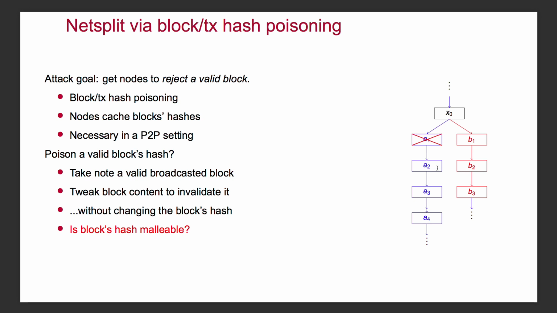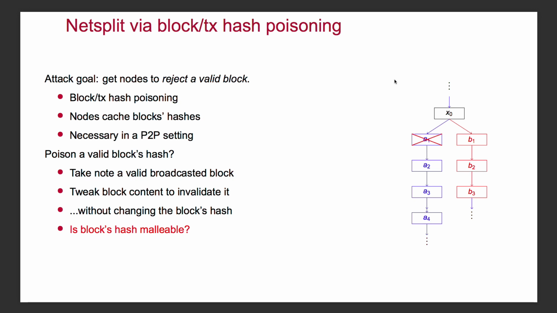So once again, the main idea here is to listen on the network for new blocks, and as soon as a new block is broadcasted, before it reaches all the nodes, you tweak the block without changing its hash, but that invalidates the block, and you quickly try to broadcast it to some other nodes.